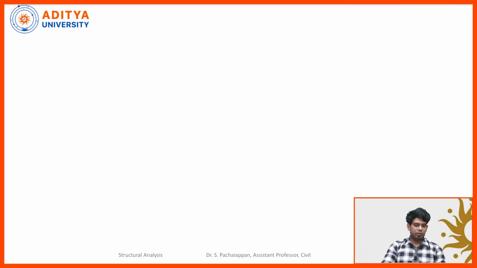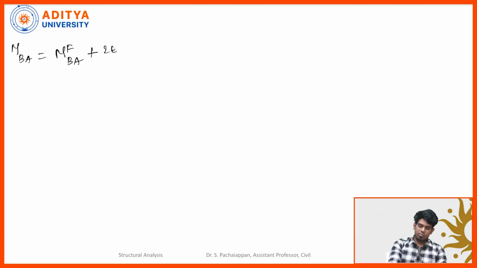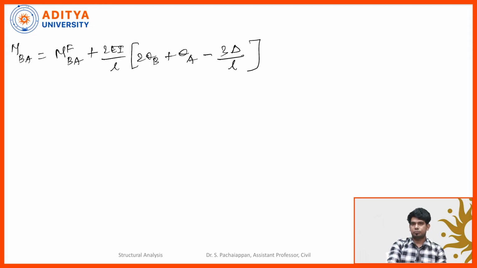So quickly I am going to calculate MBA. So MBA is equal to MFBA. I am just writing the slope deflection equation: plus 2 EI by L into 2 theta B plus theta A minus 3 del by L. No support settlement, so this term is 0, and slope at A is 0.